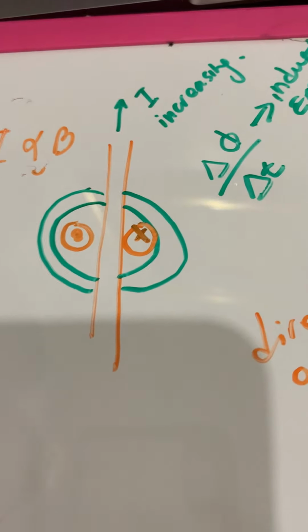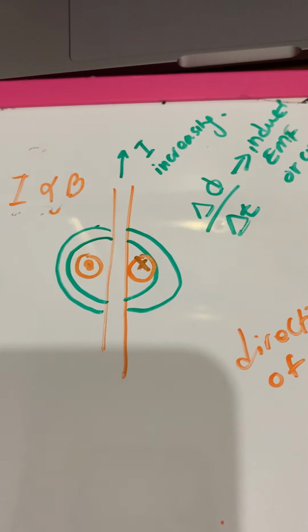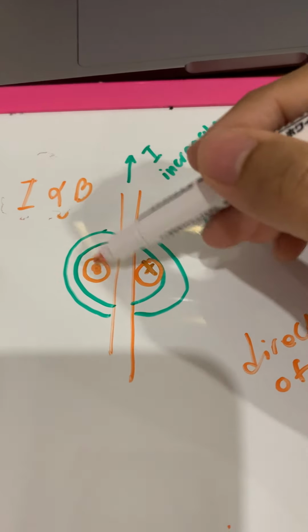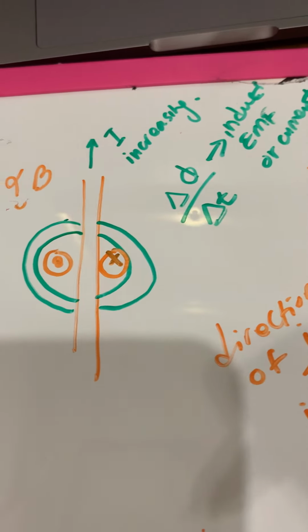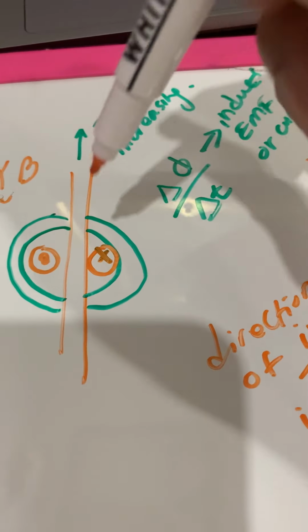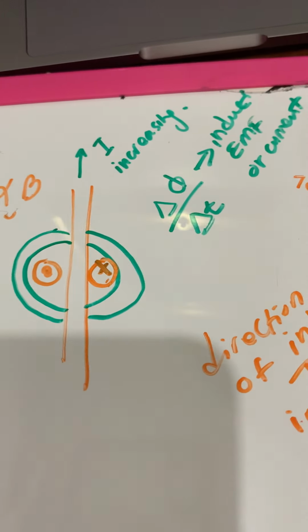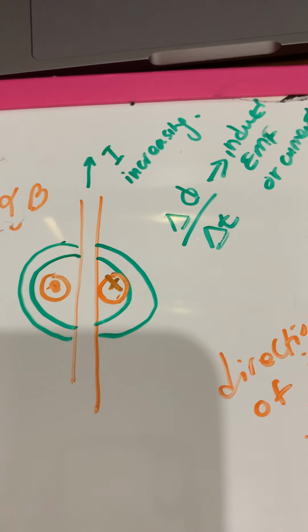But every time there is B going in on the right side, there will be B going out from the left side. Even though your B increases from the increase in I, the B that goes into the right side is equal to the B going out of the left side.